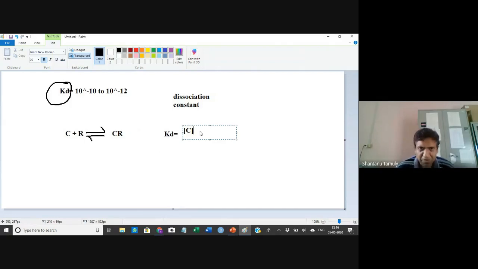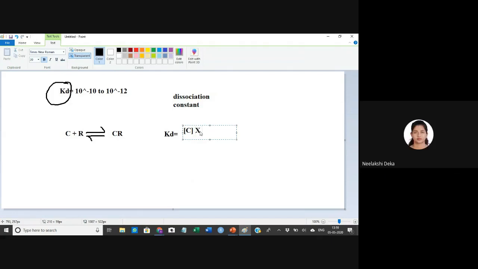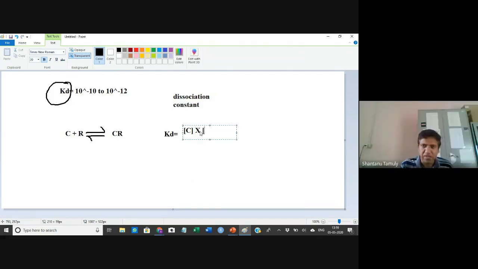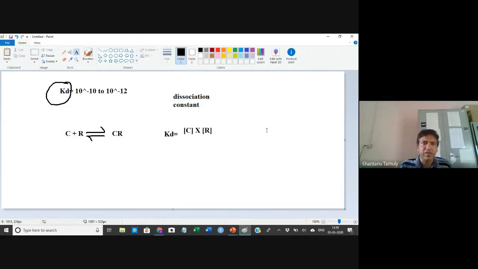So this is the concentration of free cytokine, into the concentration of free receptor to which the cytokine did not bind, divided by CR.